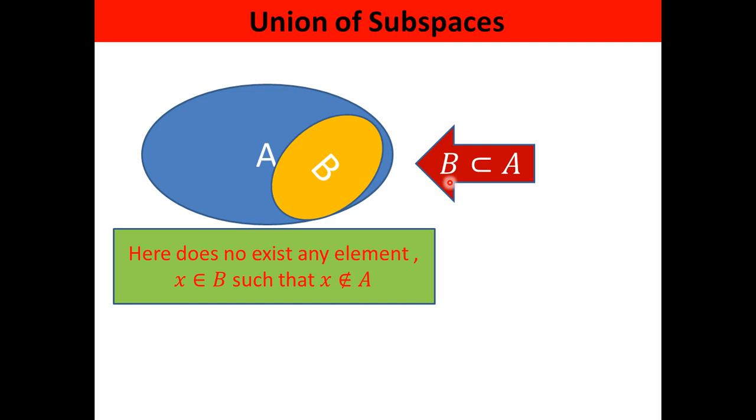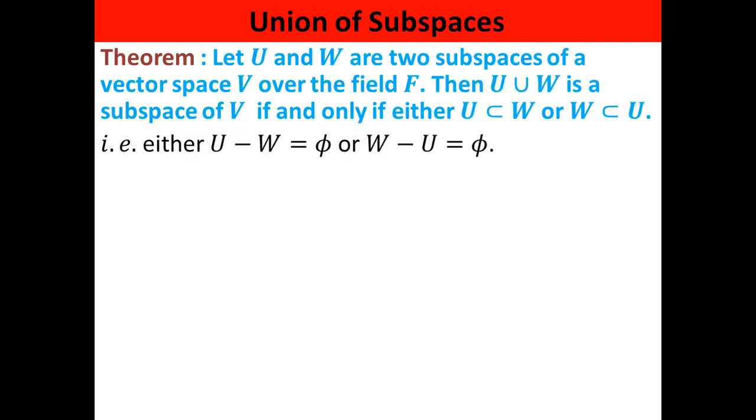B minus A means the elements of B which are not in A. But here there does not exist any element X such that X belongs to B but X does not belong to A, because all the elements of B are in A, because B is a subset of A. So we cannot find any element which is in B but not in A. So we can conclude that B minus A equals phi.